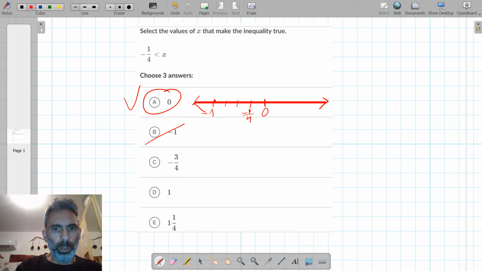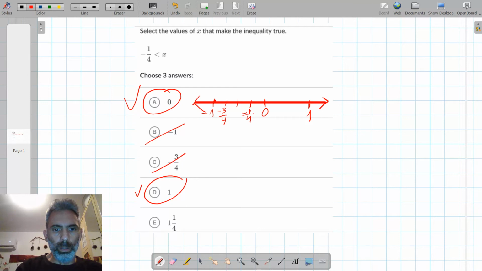Minus 3/4 is here, and it is to the left of minus 1/4, so minus 1/4 is greater than minus 3/4, so this is not correct. If we plug in 1 instead of x, it is correct because the 1 is here and the minus 1/4 is here, so minus 1/4 is to the left of 1, so it is less than 1, so this is also correct.